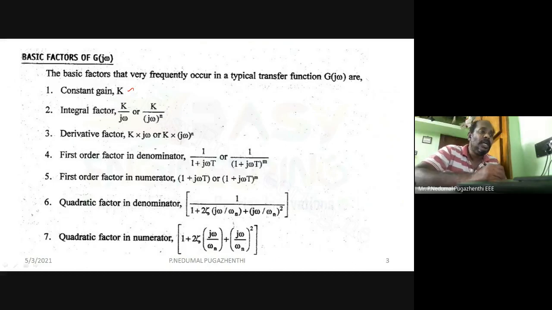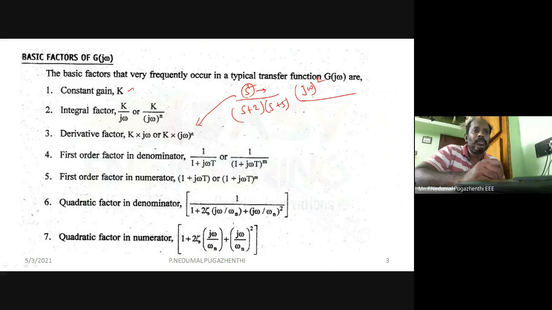And for the derivative factor, the same j omega term is available in the numerator. That is, if you have an s term in the numerator, like a transfer function s divided by s plus 2 into s plus 5, this s is called a derivative factor. Because if you replace, you will have a j omega, or if you have s squared, you will have j omega the whole square.